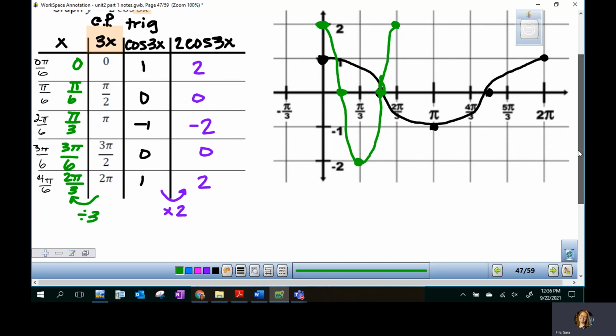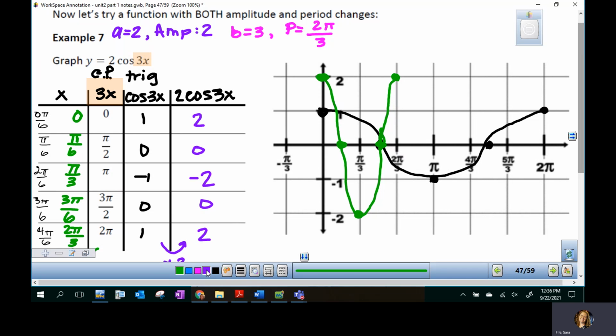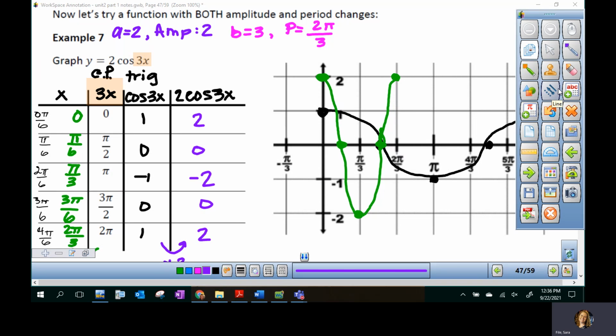So I'm going to label the amplitude and period on there and match it up with what we said at the beginning. So high to midline, or you could go low to midline. What is this amplitude on this graph that I drew? 2. Is that what we said it should be? That's good.